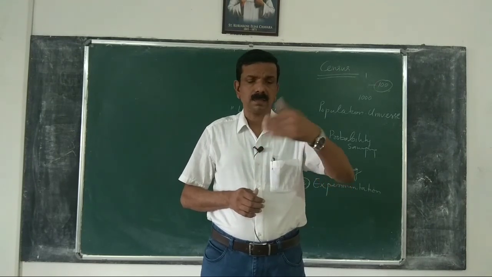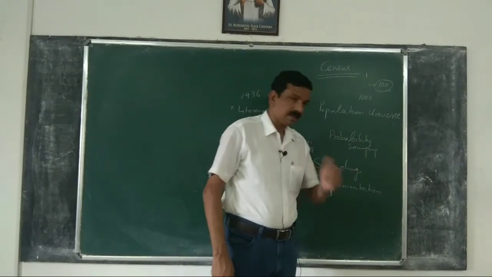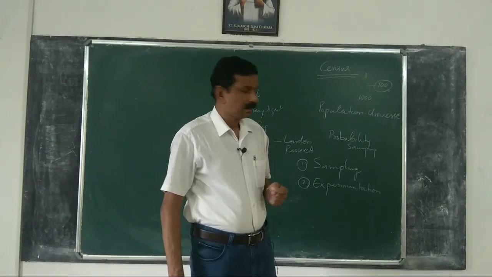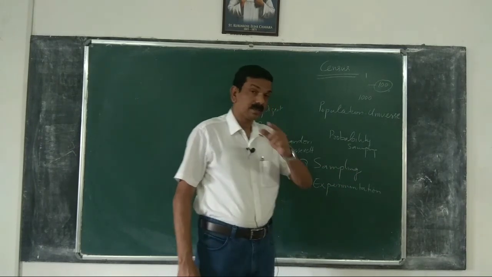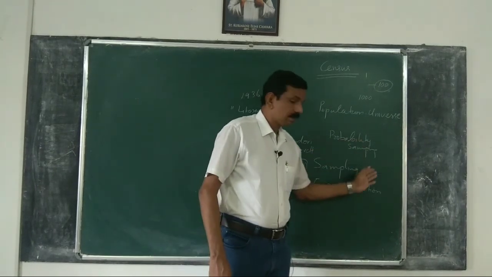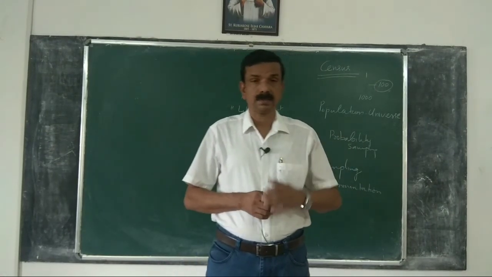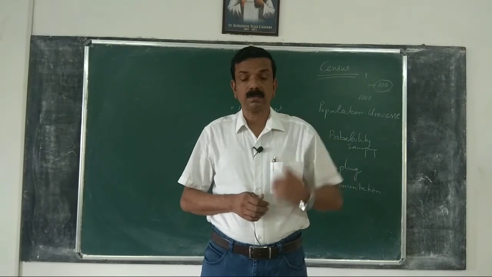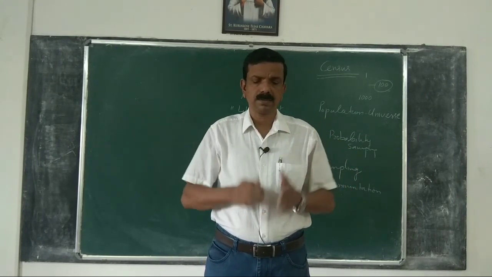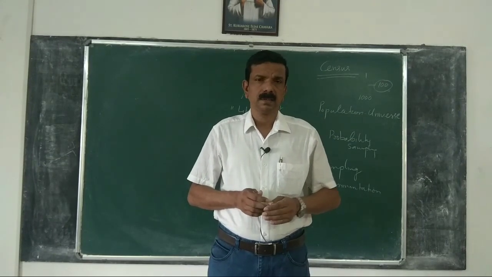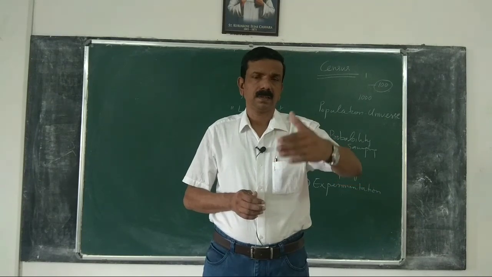Since sampling is the most widely used method in social sciences, we have to consider various types of probability sampling methods, which are the most common sampling procedures. We will discuss the most important of these in the next session.